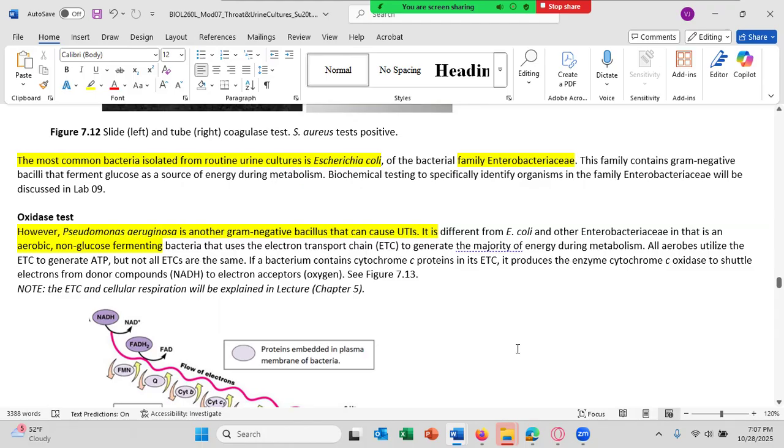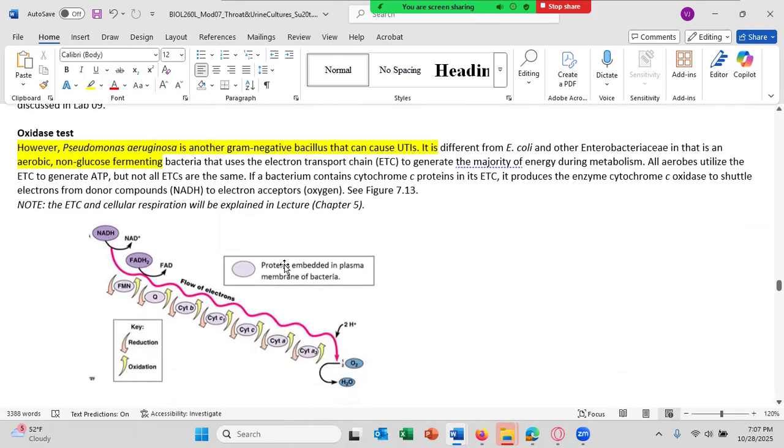So the oxidase test looks at the enzyme cytochrome C. Cytochrome C oxidase is its long name, which is a member of the electron transport chain. So this organism, if it's Pseudomonaceae, can perform aerobic respiration, having cytochrome C oxidase.